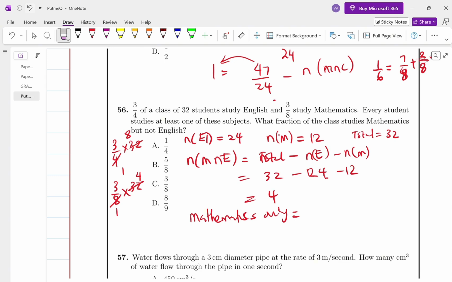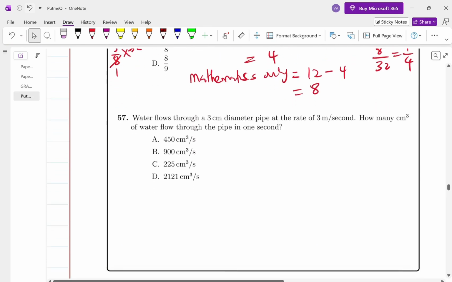So this means those that are doing only math but not English will become 12 minus 4. So that's 8. So the fraction of the class will become 8 over 32, because there are 8 students doing math only and there are 32 in number. That's 1 over 4. So the answer is A. That's the answer to that very equation. Next one.